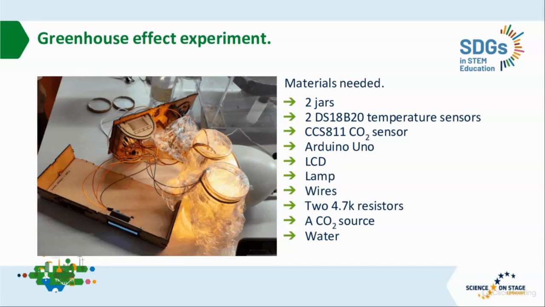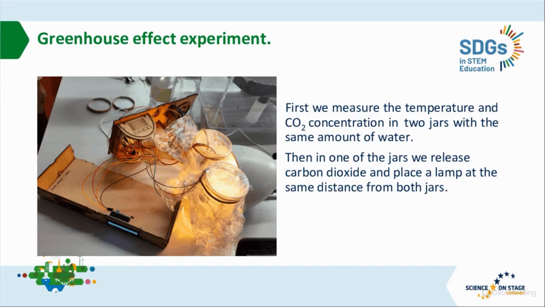Even though it's endothermic, at the end of the experiment, the temperature in that jar is much, much higher than in the other one. Like I said, the same amount of water. In one of them, we will produce a chemical reaction that expels carbon dioxide, but not in the other one.